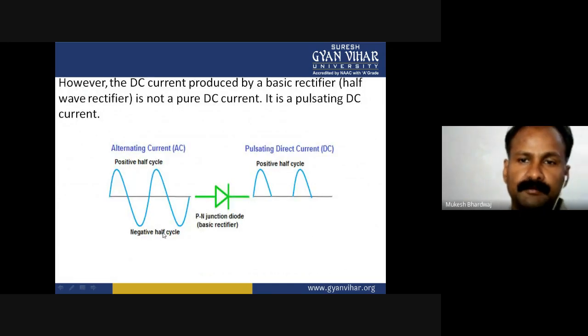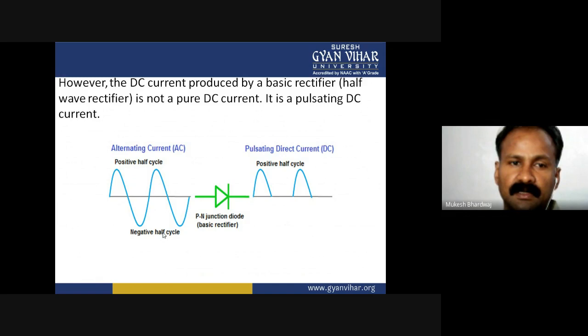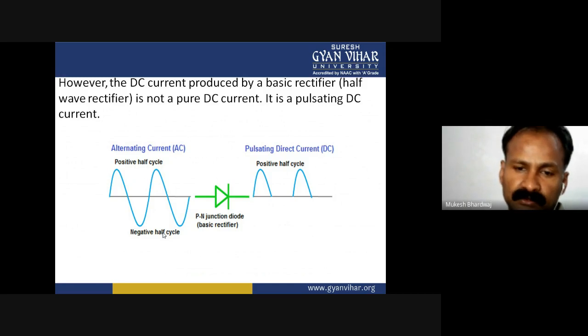However, the DC current produced by a basic rectifier, the half-wave rectifier, is not a pure DC current. It is a pulsating DC current. Suppose an AC current is given as input to a PN junction diode. Only the positive half cycles will pass through the diode and the negative half cycles will be clipped off.